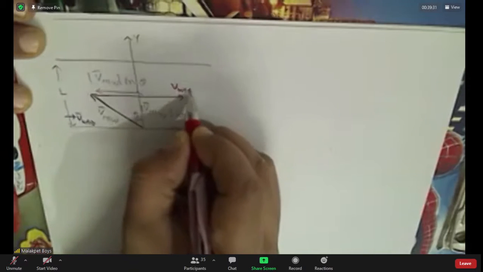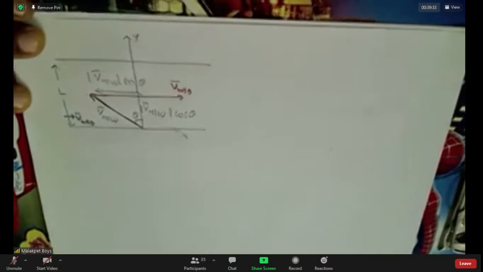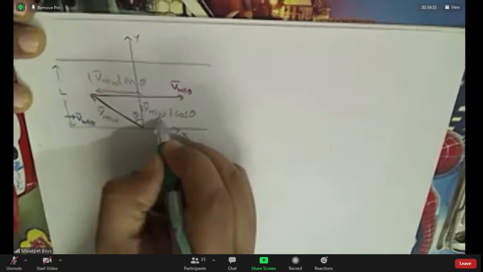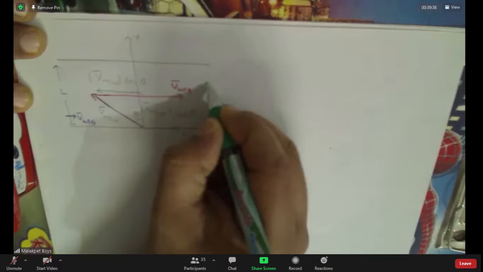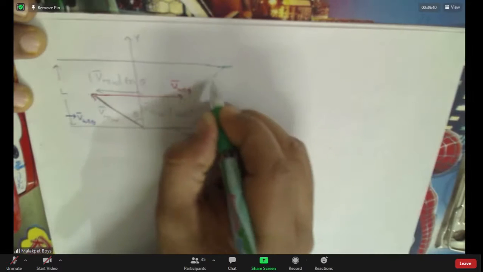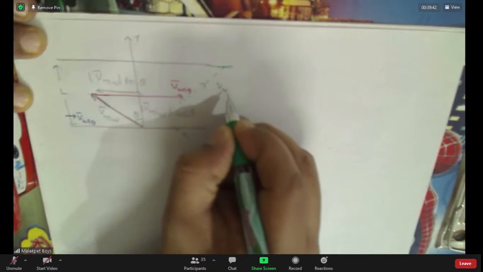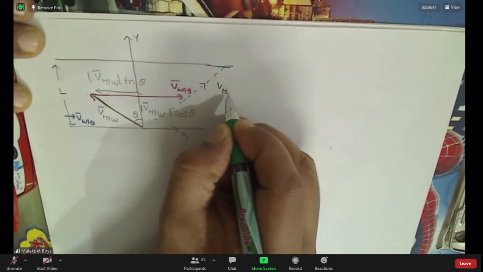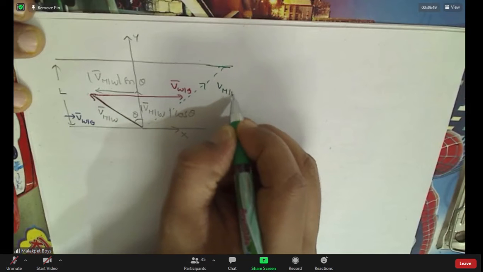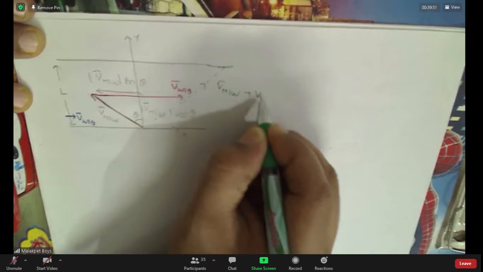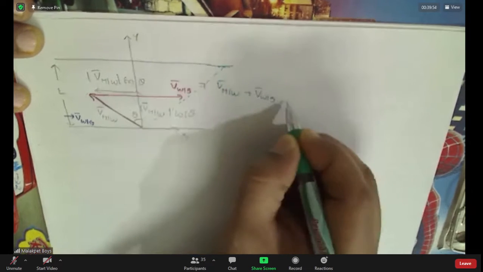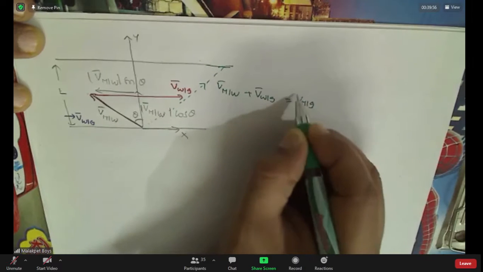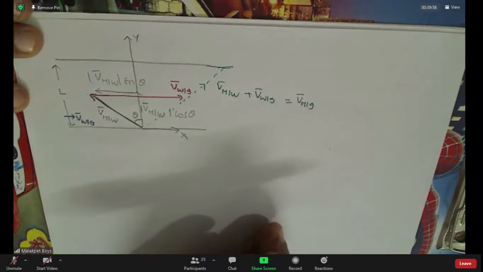And finally, you know that this fellow will have a vector in this direction, which is the resultant velocity. Understood this?